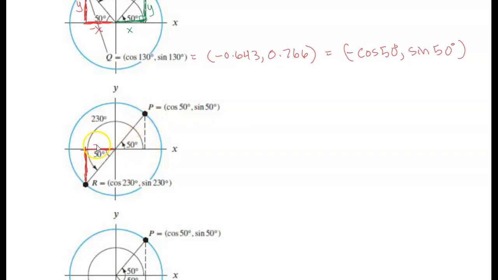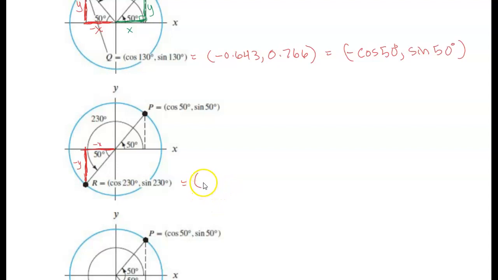So now we're going over by negative x and down by negative y. So this point down here at 230 degrees, which is 50 degrees more than 180, is going to have the same sine and cosine values. The magnitudes will be the same. We just have to make them both negative in this case.